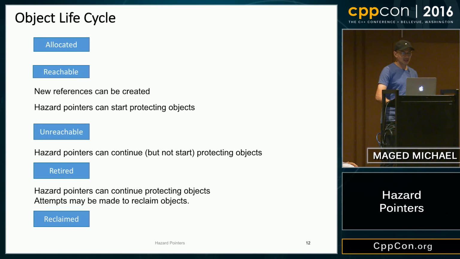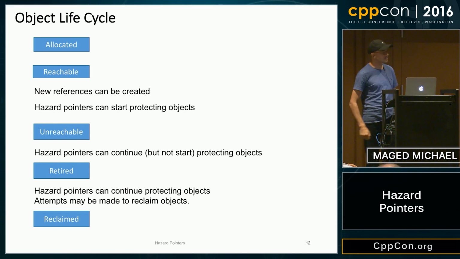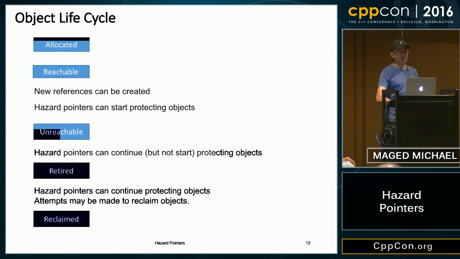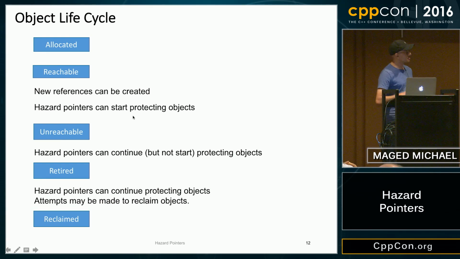The life cycle of an object is that it's allocated, then it's reachable, so you can either have a shared way of reaching it, or threads handing over references to each other. Basically, you can create new references. You can have hazard pointers start to protect objects.